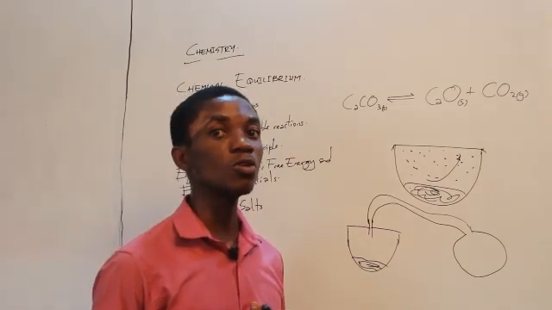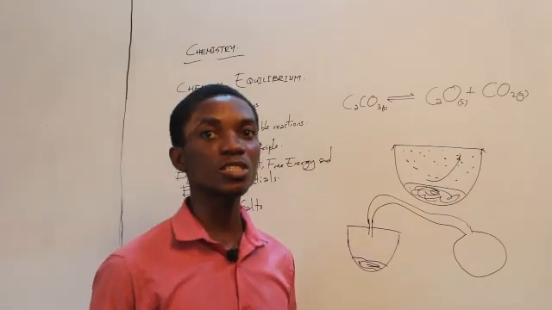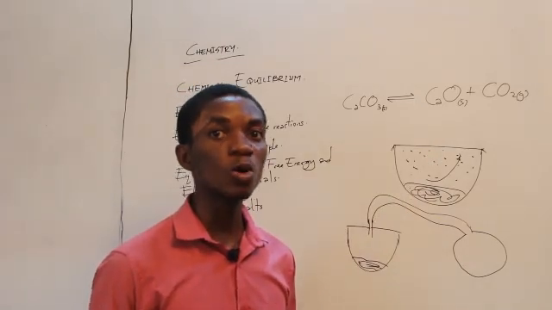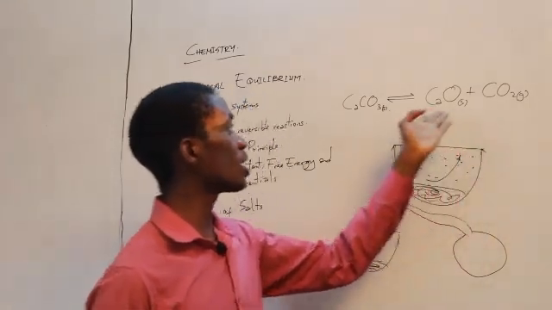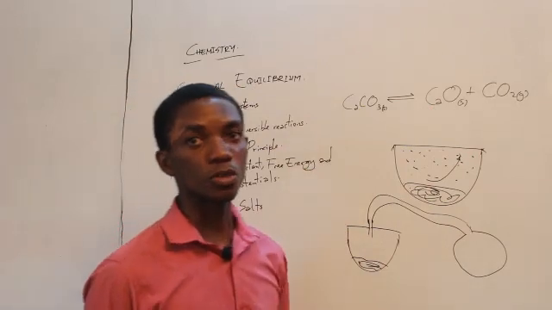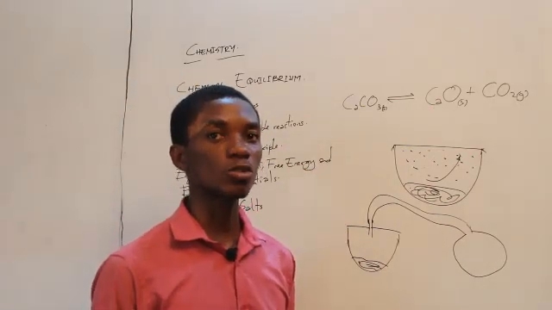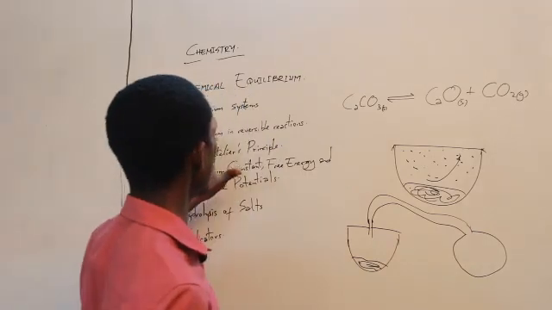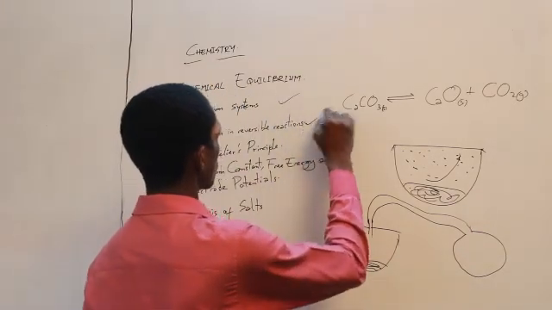You will notice that there will be no more production, no observable changes in mass. The amount of this produced is also the same amount of this produced. The reactant and the product will seem to balance out each other. That's why we're talking about equilibrium in reversible reactions.